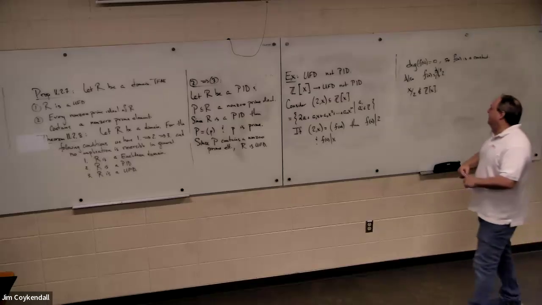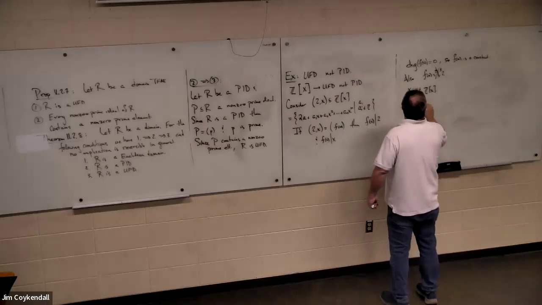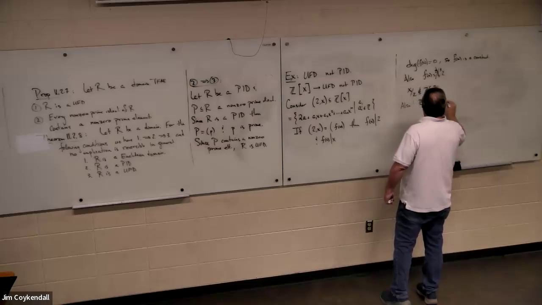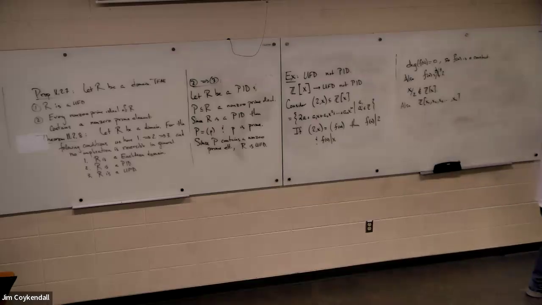And in fact, it gets worse. If you have a UFD and you take a polynomial ring over it, in any number of variables, it's still a UFD, but it gets further and further from being a PID. The ideals tend to get bigger and bigger as far as the number of generators required.